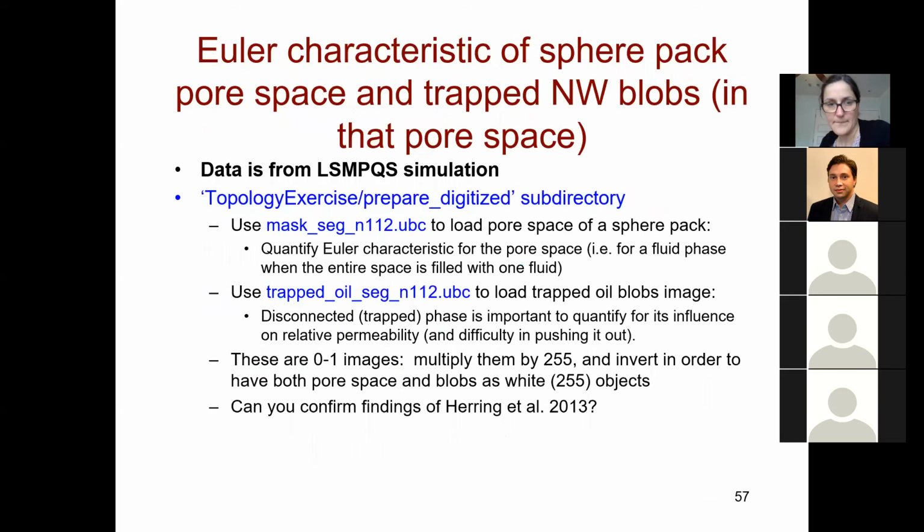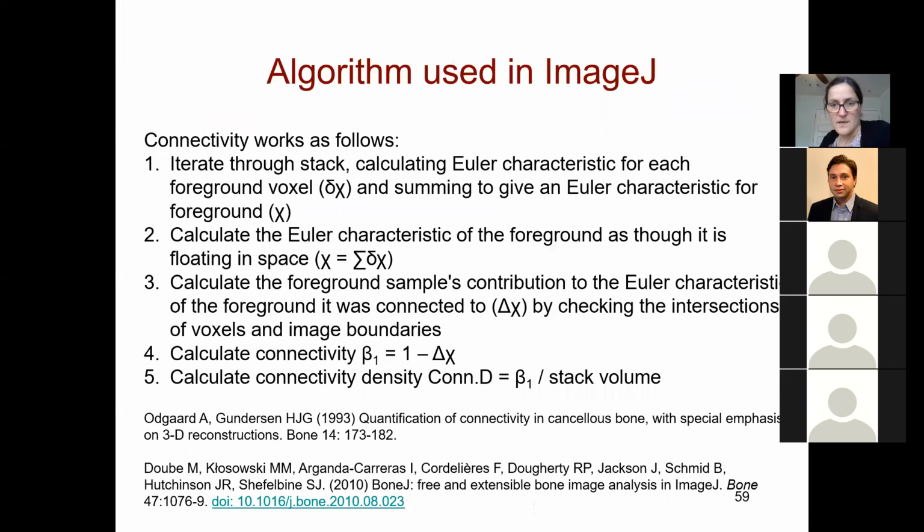All right. Okay. I will not go into the details of the algorithm that is used for this calculation, but basically it's moving through, looking at local neighborhoods and summing up all of the details. That's one way to tackle finding the Euler characteristic of complicated objects, because it's a sum of all of the contributions in individual neighborhoods.